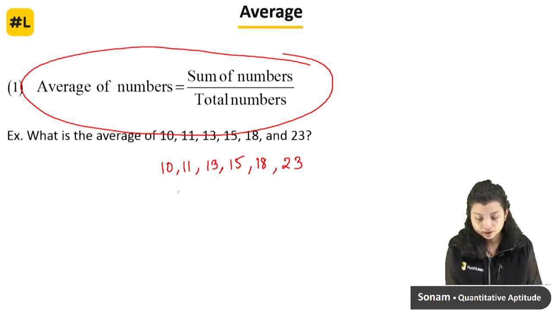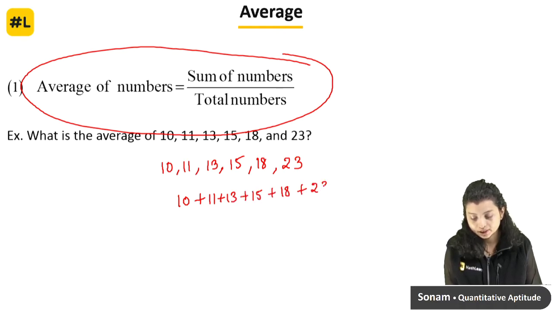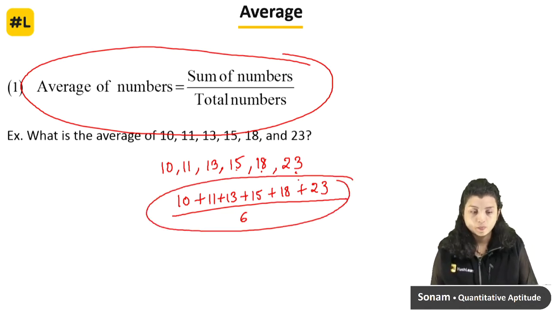Okay, so how do I do it? 10 plus 11 plus 13 plus 15 plus 18 plus 23 divided by how many terms are there? 1, 2, 3, 4, 5, 6. 6 terms are there. So I will do this. Okay, quickly write me what will be the sum of this 6 numbers.